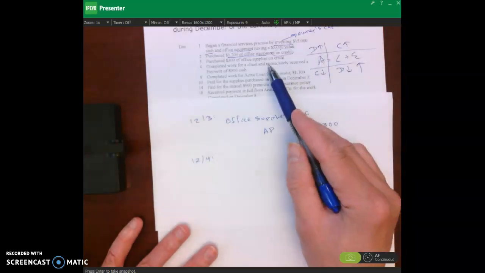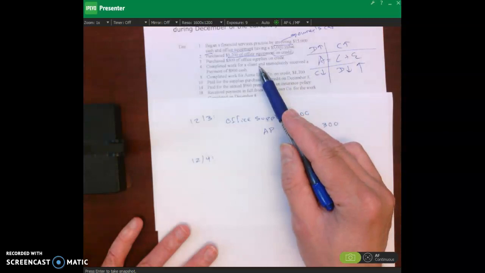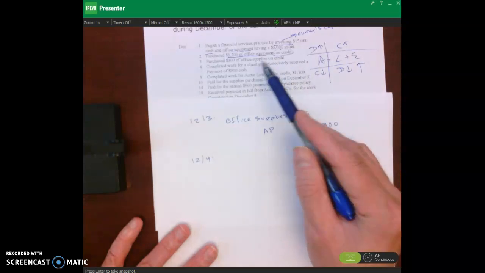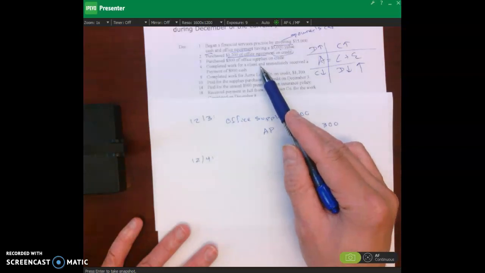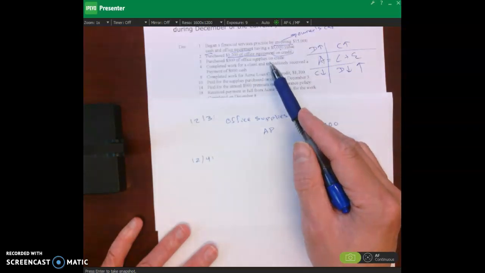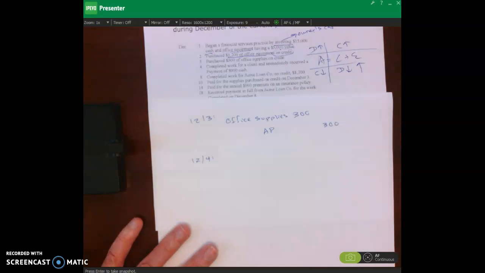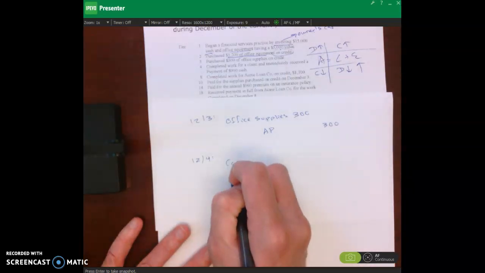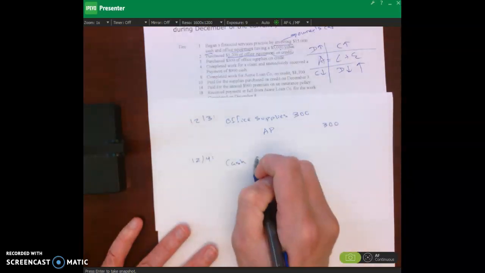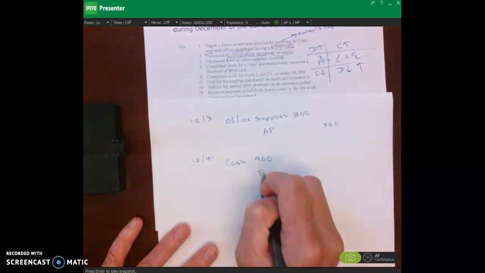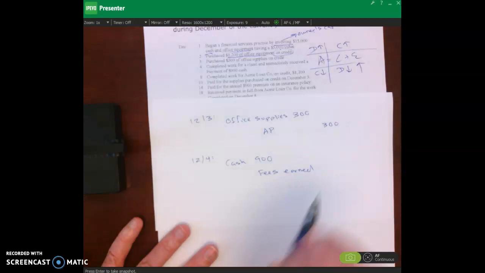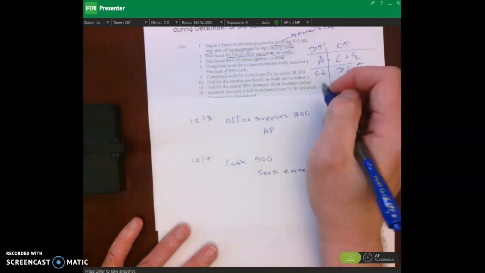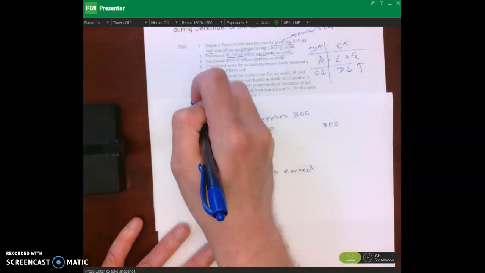So I will credit revenue, but rather than just crediting revenue, I'm going to credit a specific revenue account called fees earned. So I'll come over here, I'm going to debit cash for $900, and then I will credit fees earned.